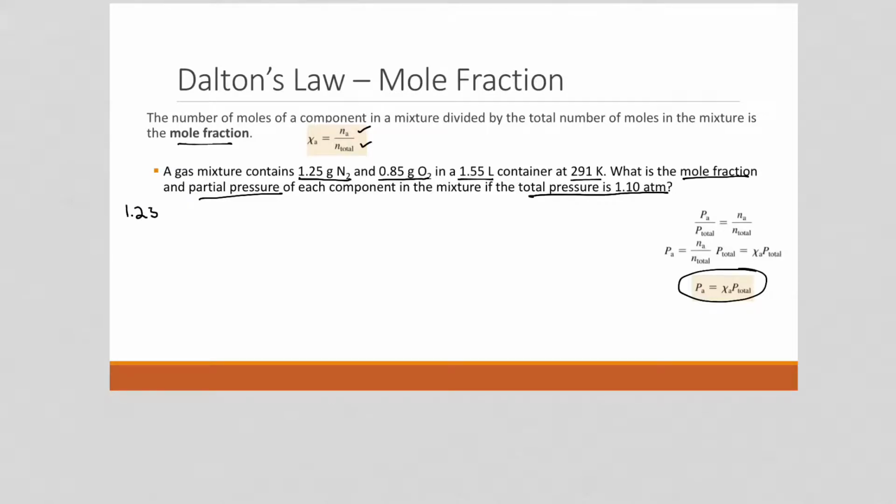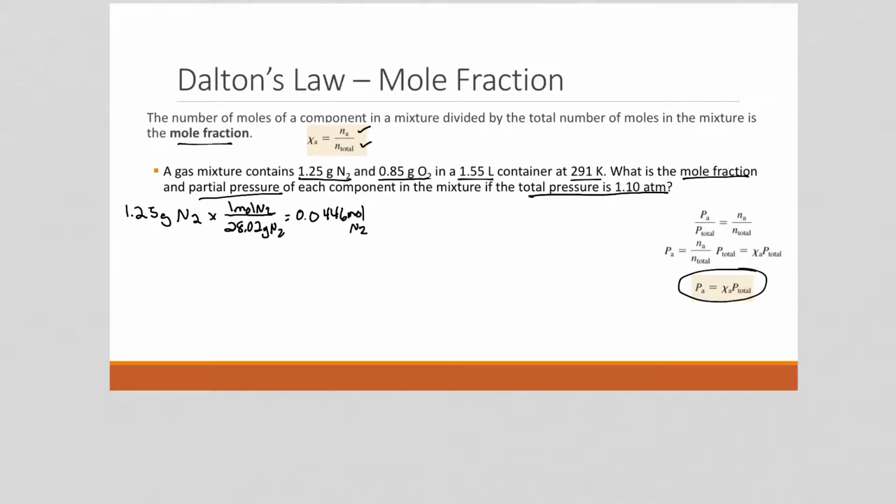So I know that I have 1.25 grams of N2, and I can convert that into moles, because 1 mole of N2 equals 28.02 grams of N2. And so if I do that math, I get 0.0446 moles of N2, to 3 significant figures.